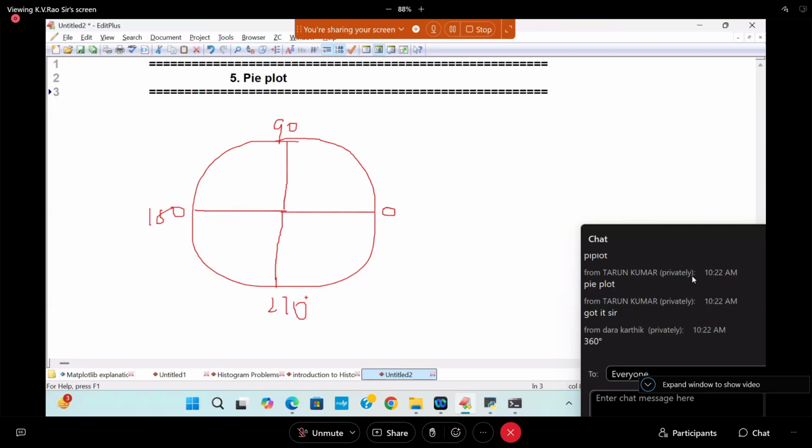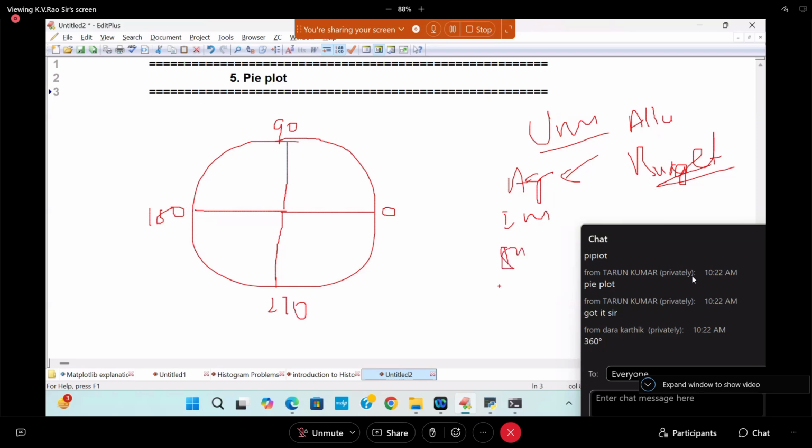In this case, suppose the Union Minister wants to allocate the budget. To allocate the budget, what do I need? Some sort of resources. For agriculture, imports and exports, skill development, IT, how much percentage is allocated?